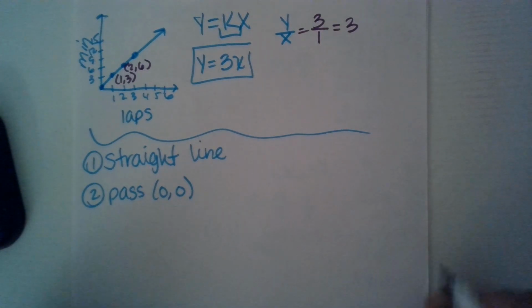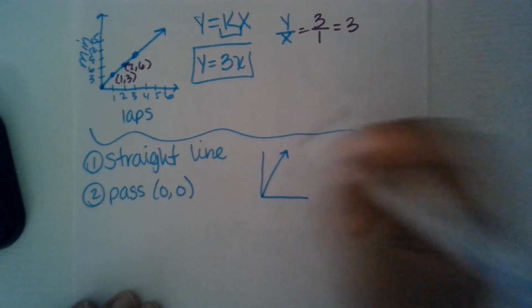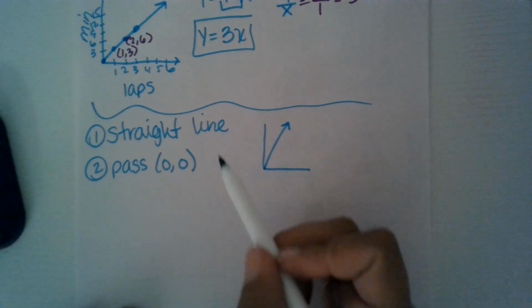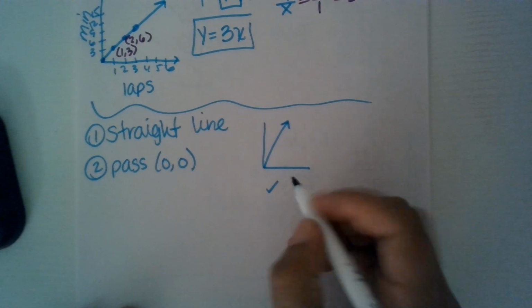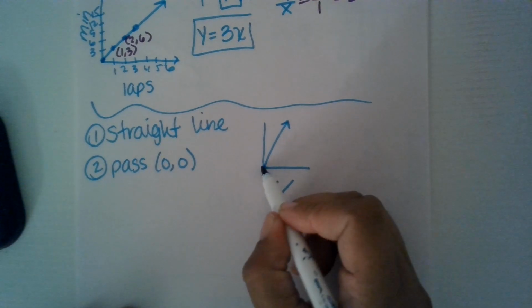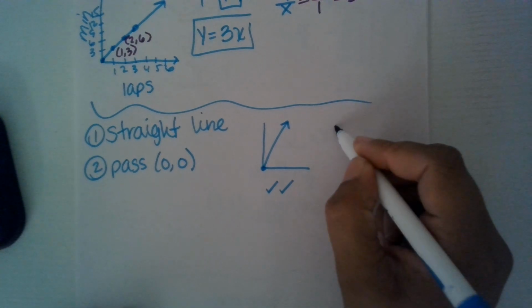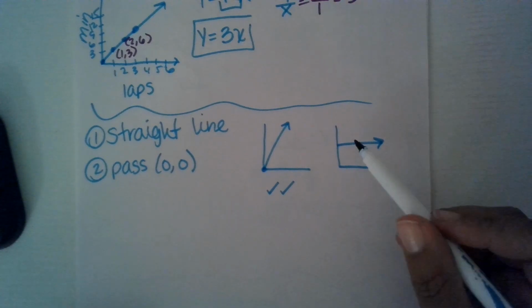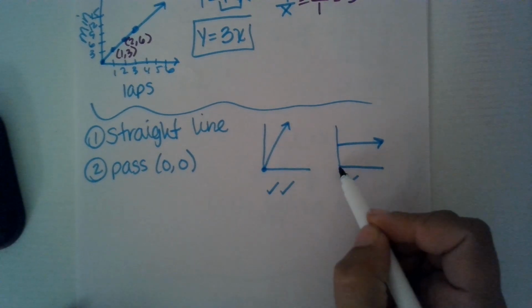That's the origin. So, if I give you an equation like this, and I ask you, is this proportional? Well, first off, is it a straight line? Yes. Does it pass through the origin? Yes, right here. So this is a proportional relationship. But if I give you a problem like this, well, yes, it's a straight line, but it doesn't go through the origin.